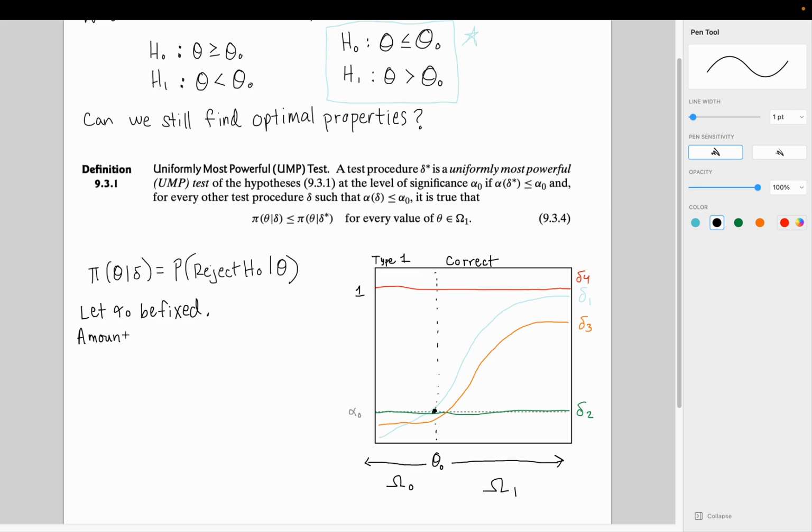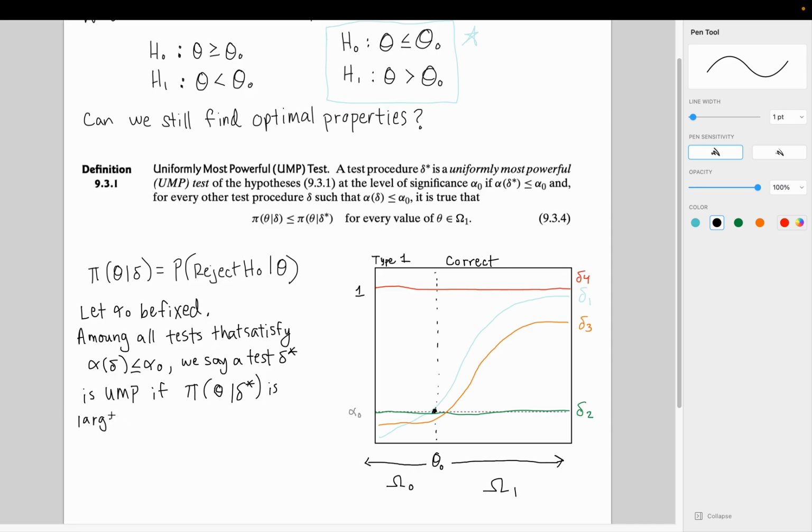Among all tests whose type 1 error rate is below alpha naught, we say a test delta star is UMP, uniformly most powerful, if the power function is largest at all values of theta 1 that are in the alternative space.